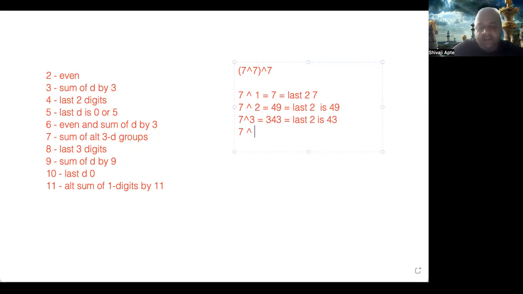Can somebody quickly tell what is 7 raised to 4? The last digits will be 21? Because 343 into 7, right? It is 2401. It is not 21. So the last 2 digits are 01.